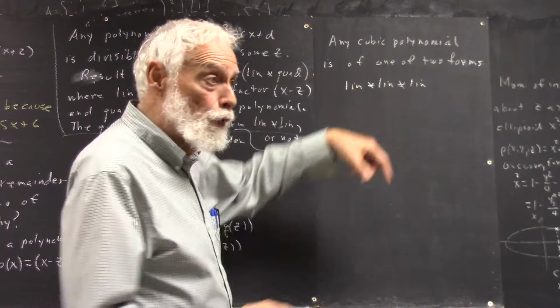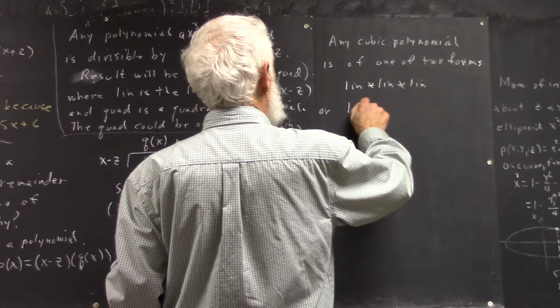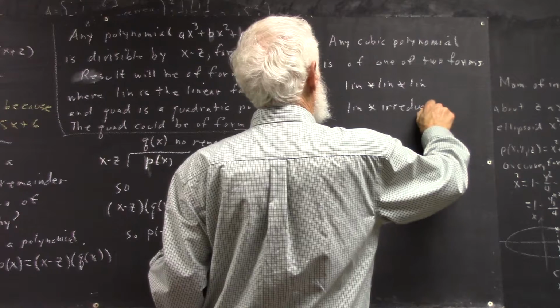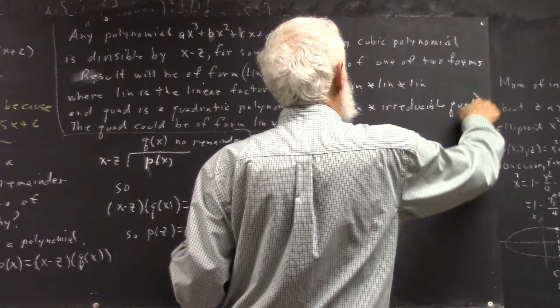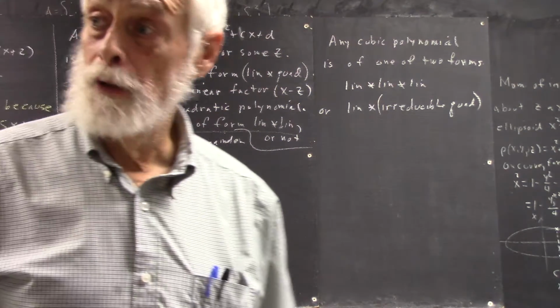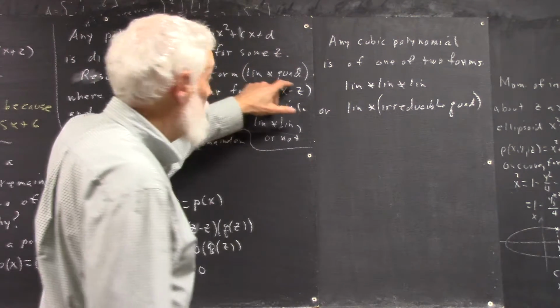So you got this form, or the form linear times an irreducible quadratic, because it's got to be linear times quadratic.